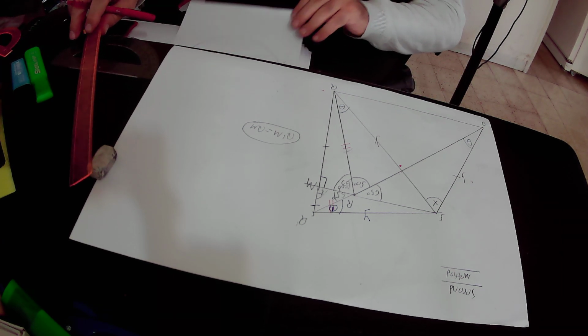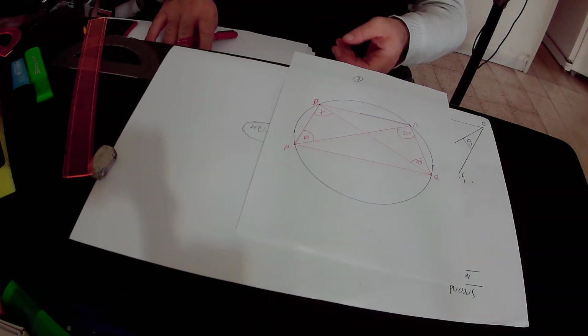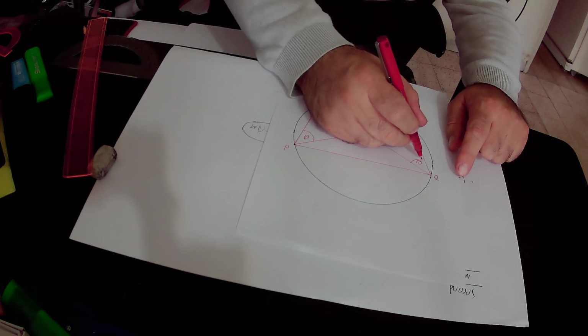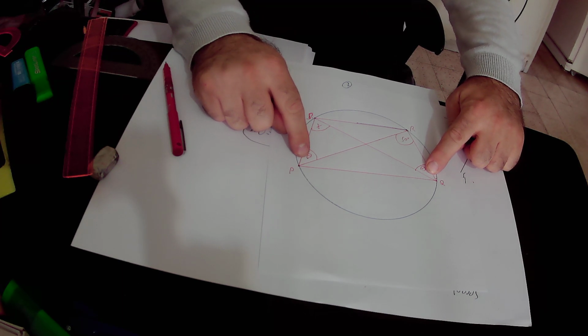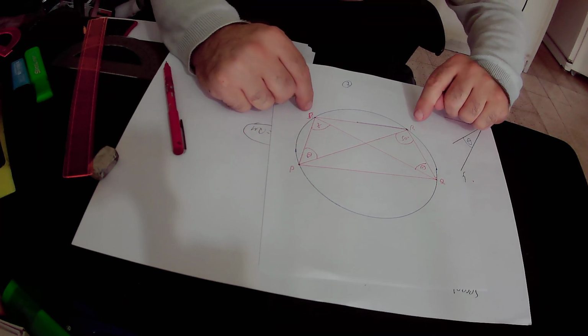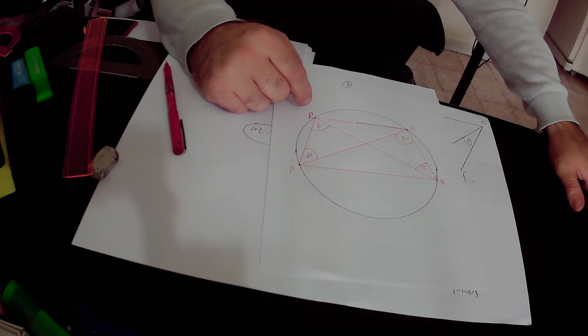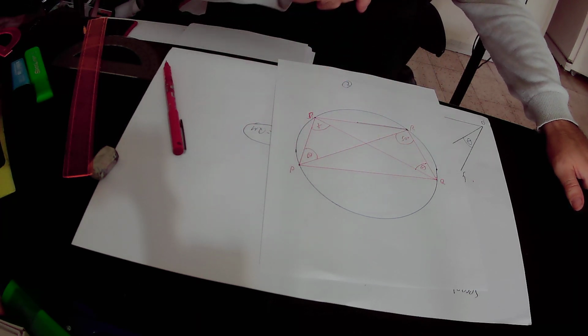Again, I will repeat rule number 1. It states that if you have two equal angles that subtend on the same line segment from the same side, then the four points S, R, P and Q lie on a circle.